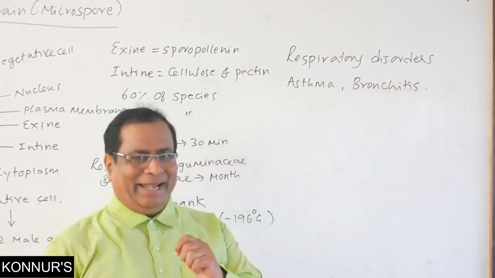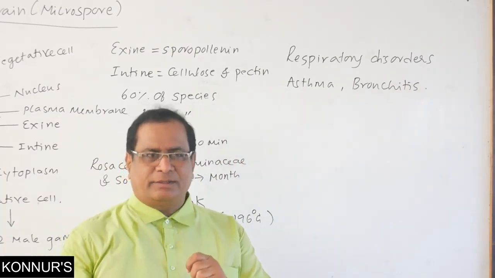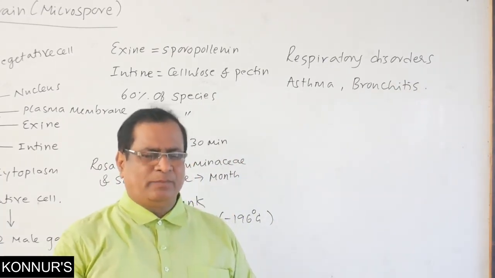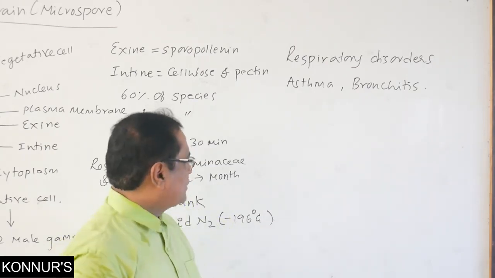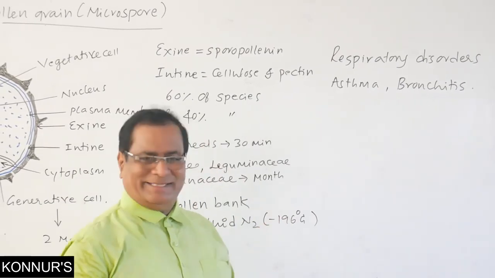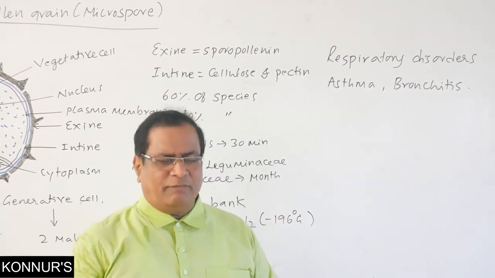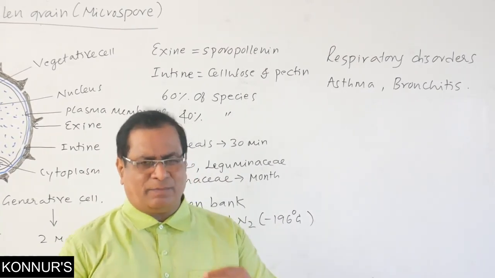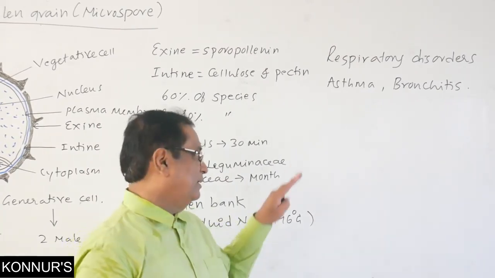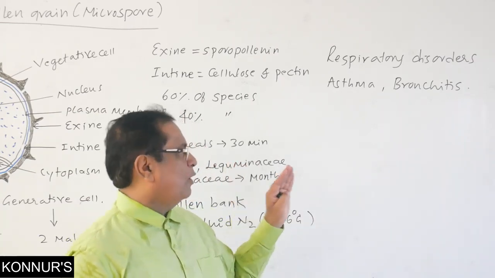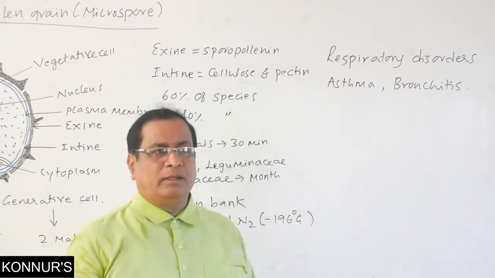If we inhale the pollen grains of flowers, in case they enter into our respiratory system, they may cause asthma as well as bronchitis. Bronchitis means inflammation of the bronchioles, primary, secondary and tertiary, present in the lungs. They get inflamed. And asthma and bronchitis are very common.